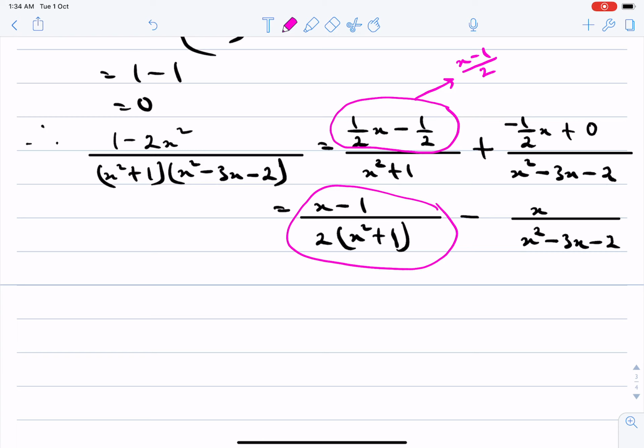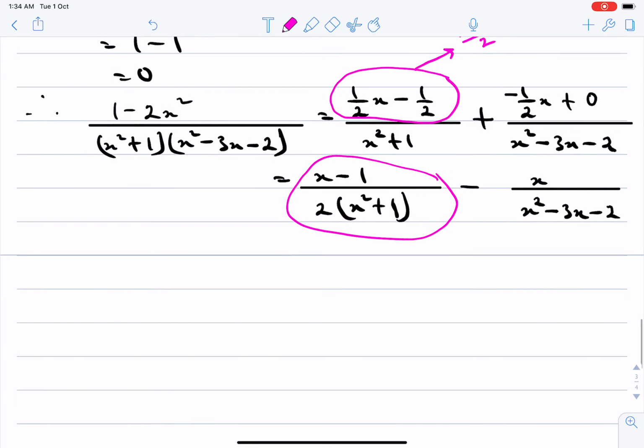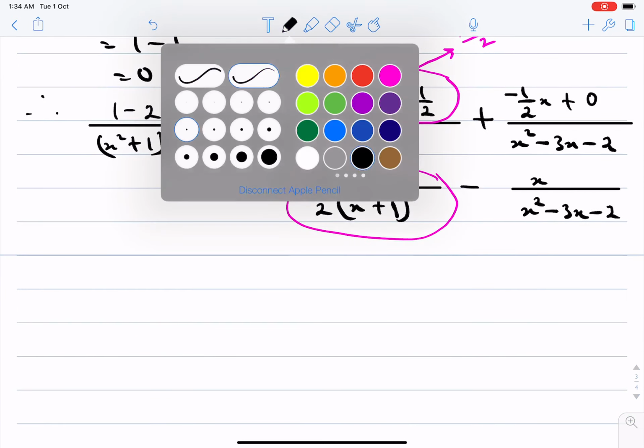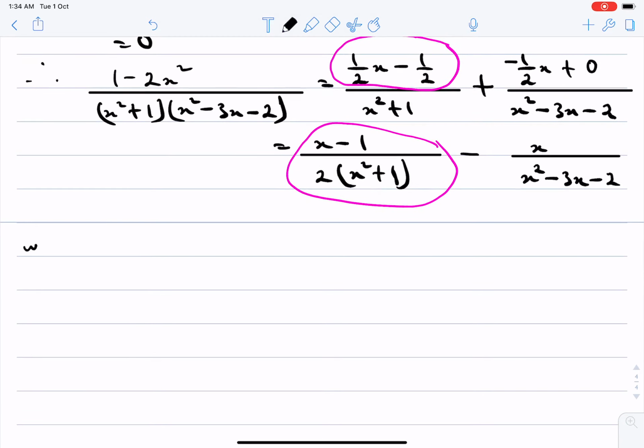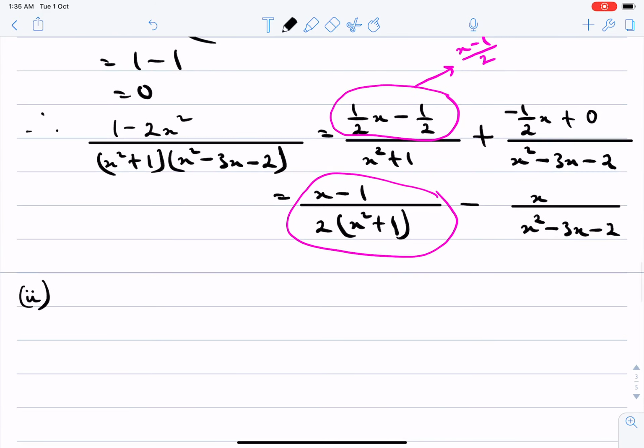Now we go to Roman figure 2. We go to the second. Let's solve a second question. Roman figure 2.